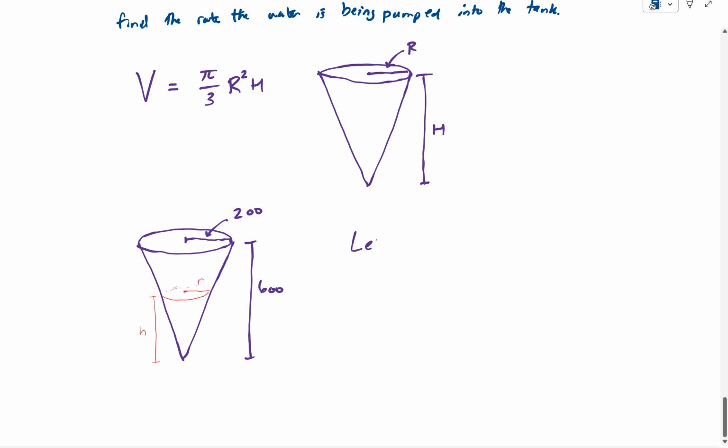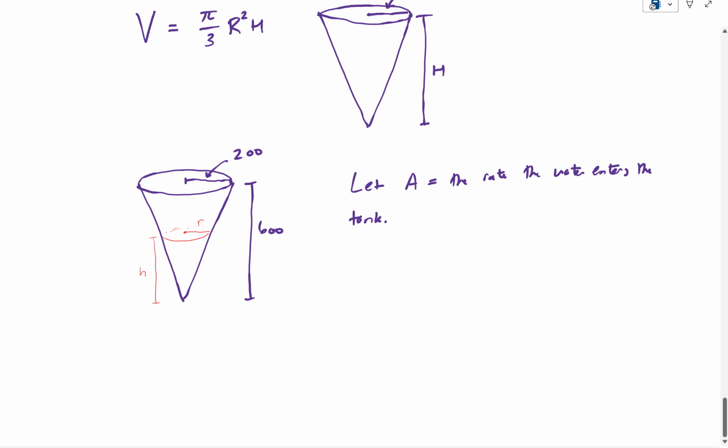So we want to figure that out. So let's let A be the rate the water enters the tank. Okay, so water's flowing in at A centimeters cubed per minute, and we know it's going out at 10,000 centimeters cubed per minute.